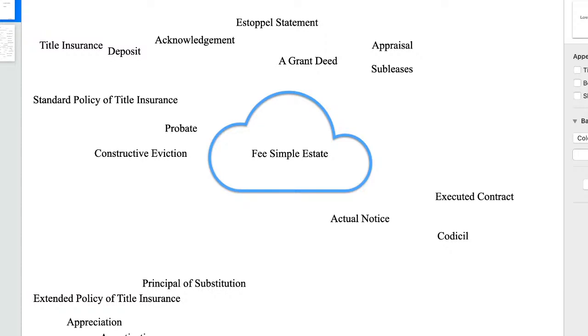Stands for police power, eminent domain, taxation, and escheat.